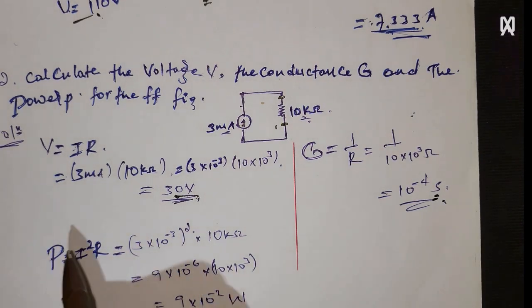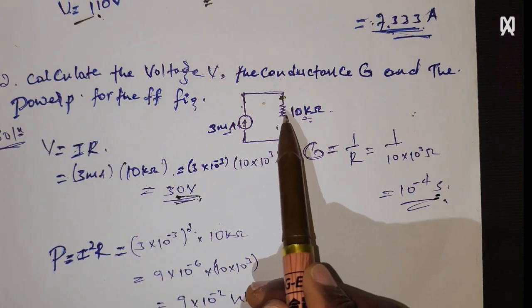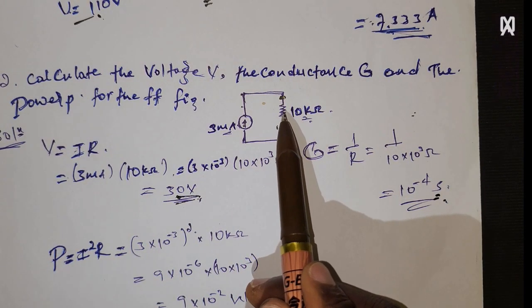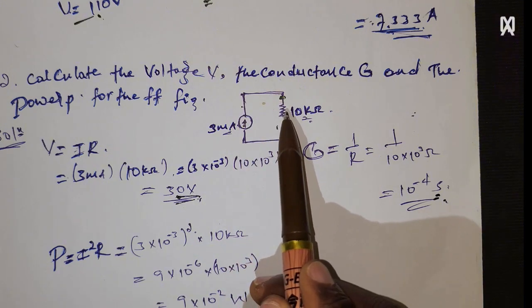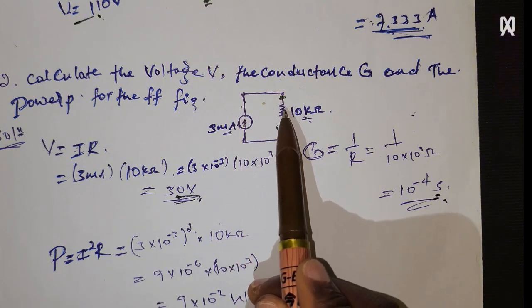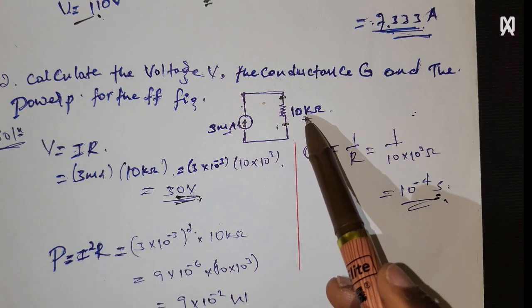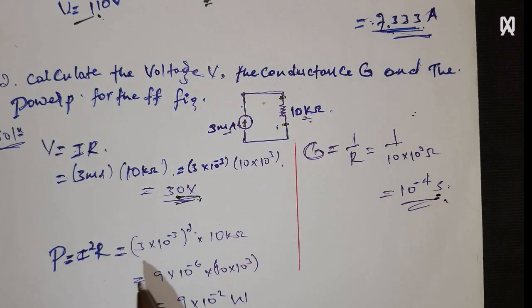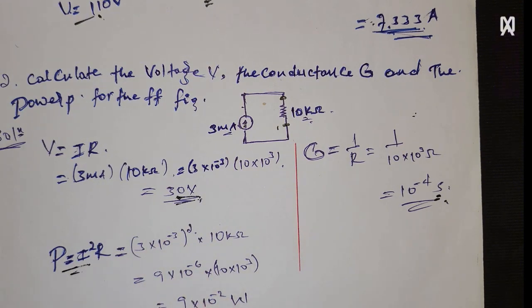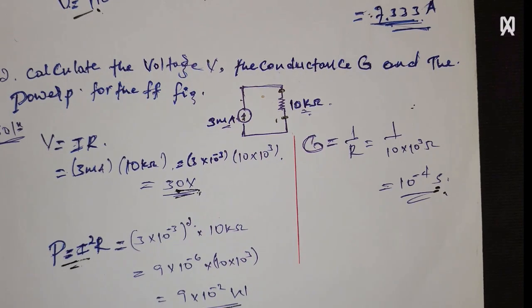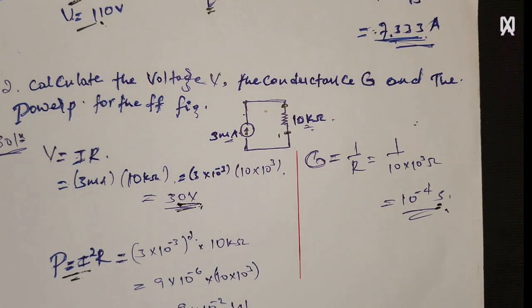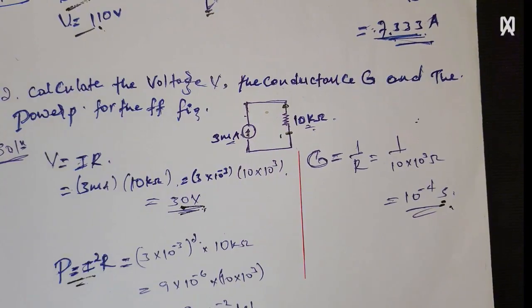The power dissipated on this resistor is given by the current flowing through it squared times the resistance, I squared R, with the resistance of 10 kilo ohm. Multiplying this gives us 9 times 10 raised to minus 2 watt.